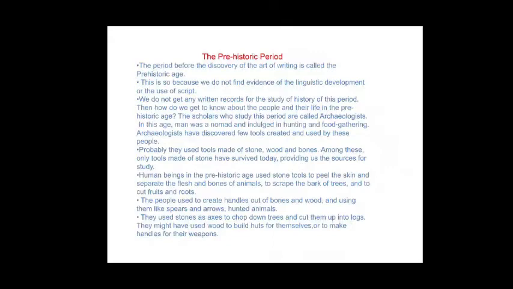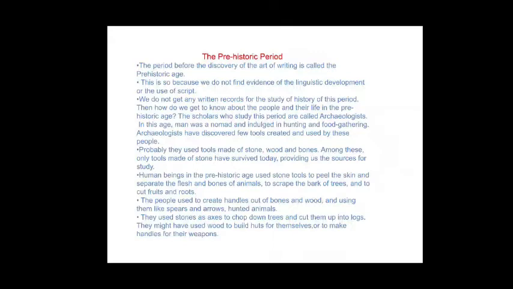Marked by significant technology and social advance, the Bronze age was an important step in the evolution of European society. Early people used many metals.